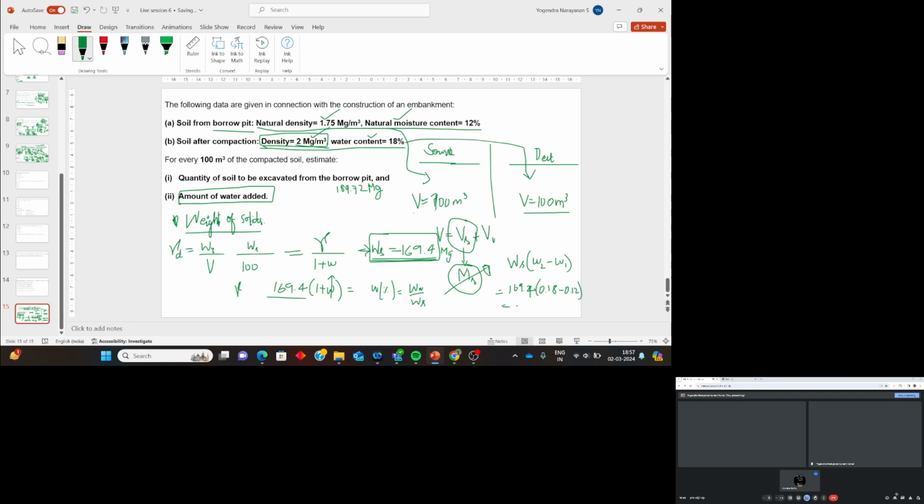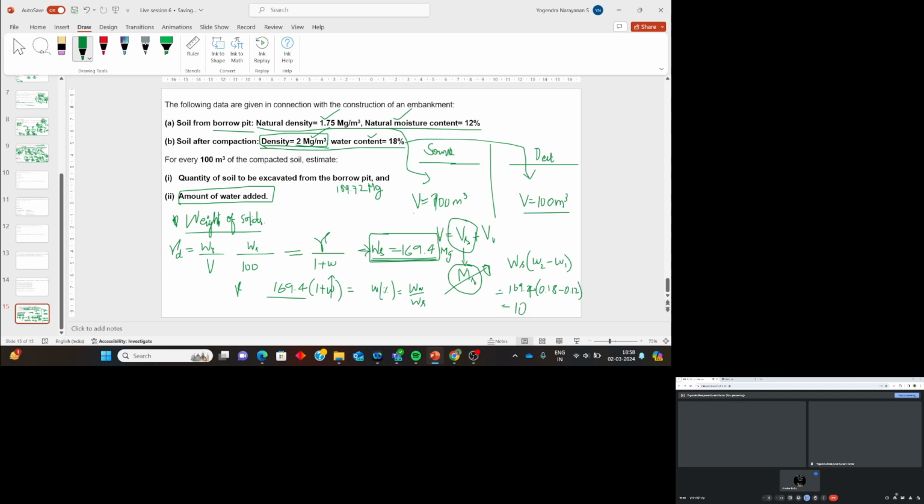Sir, why do we consider the difference here? Because it is the amount of water to be added. To attain this moisture content, how much water are you going to add? It's 10.16 tons.